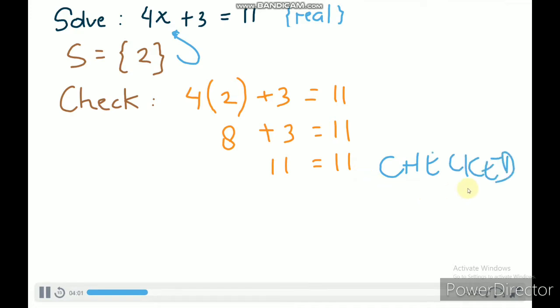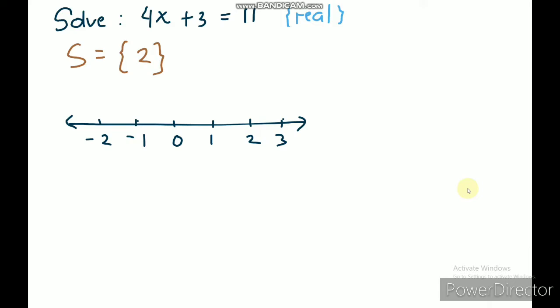So now the next one, I have already introduced you also to the number line. Instead of showing it in a solution set, you can use a number line to show the solution.